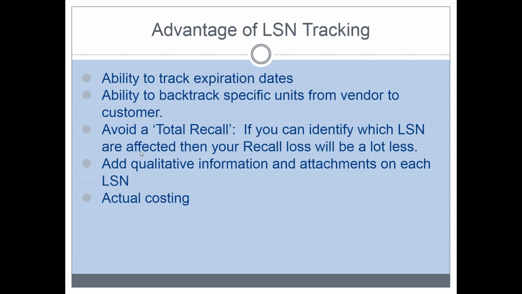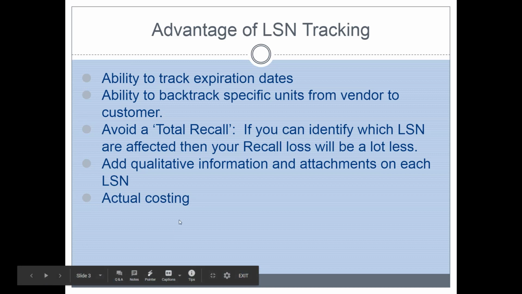That's a big deal. If you have a certificate of compliance directly with a lot or serial number, you can attach it right there. And finally, we're able to do actual costing because it's not first in, first out, it's specific identification.